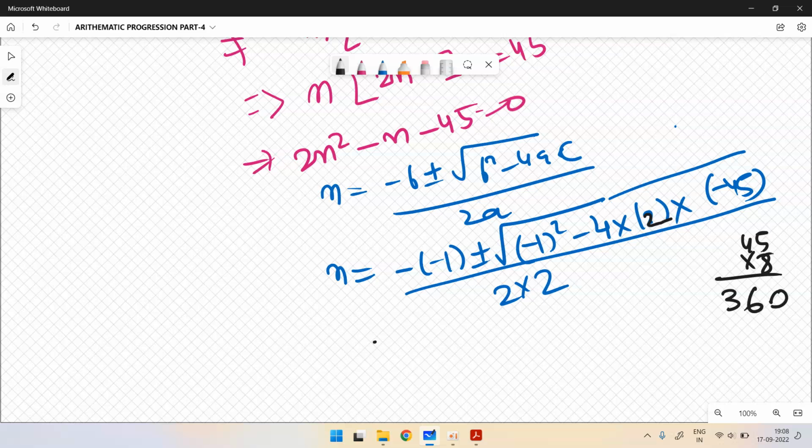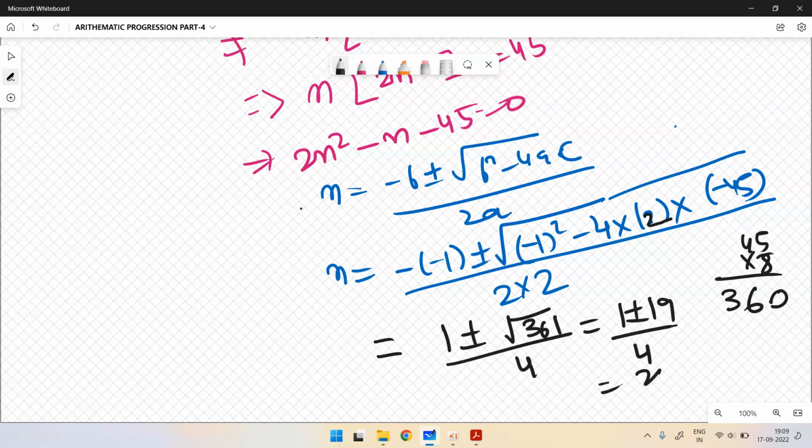Oh, sorry, this is 1 plus or minus under root 361. This is 19. So this is 1 plus or minus 19 by 4. This is plus, this is 20 by 4. This is 5. Sorry, this is 5. Value of n is 5.